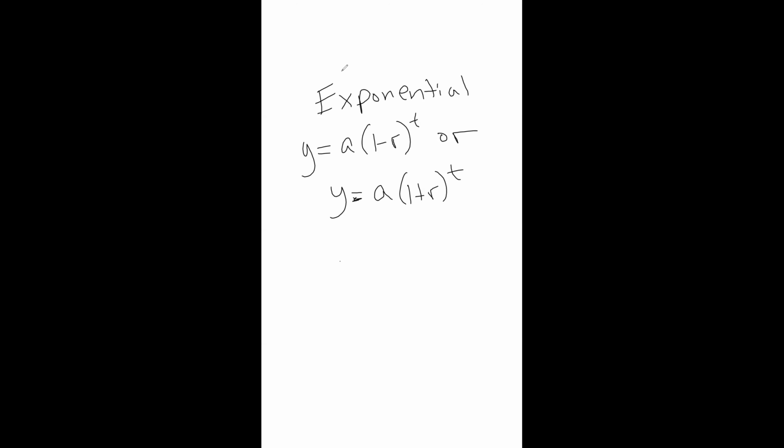Whenever you have a word problem, these are the formulas that you're going to use. This is the exponential formula. So what you need to do is go on the word problem. Does it say there's a growth, or use words like growing, increasing? That means that it's a growth. But if it's using words like decreasing, decaying, getting small, anything that indicates that it's getting smaller, that's where we're going to use the decay.